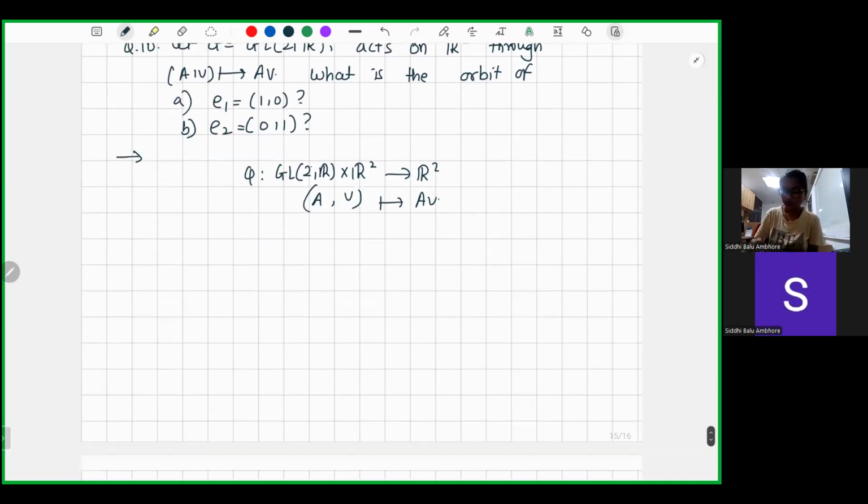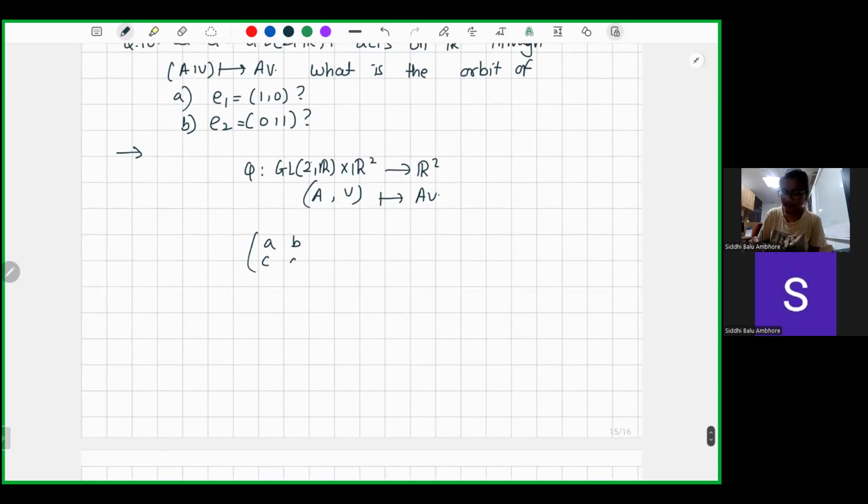So if I have a matrix a, b, c, d in GL2 and here x, y, then this simply goes to ax plus by and cx plus dy.